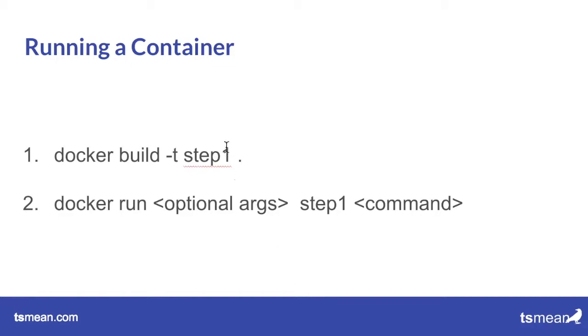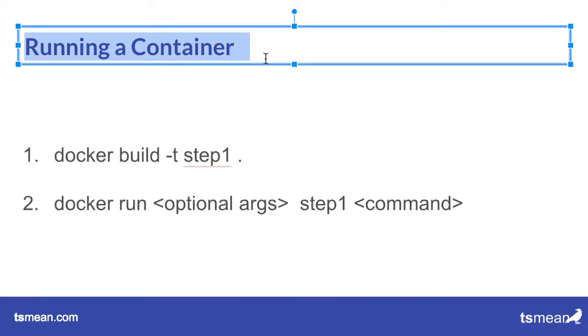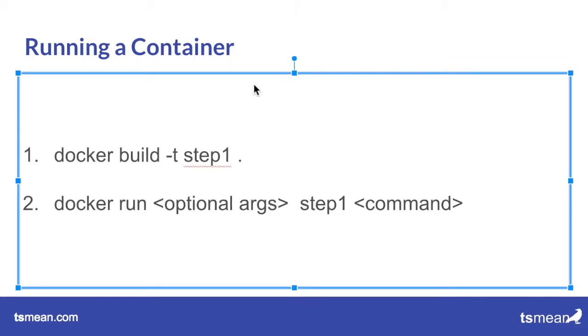So we have seen that getting a running container is a two-step process. First, we have to make a build, and we had a Dockerfile. Where our Dockerfile resided, so in the current directory, for example, we ran docker build, and we gave our build a name, and that's how we made a build.